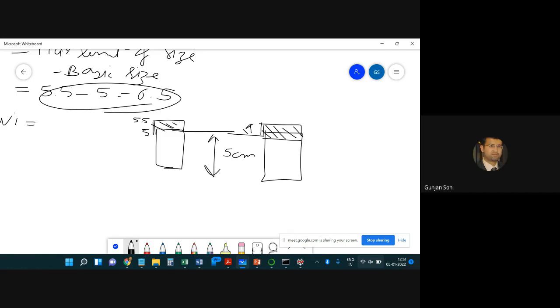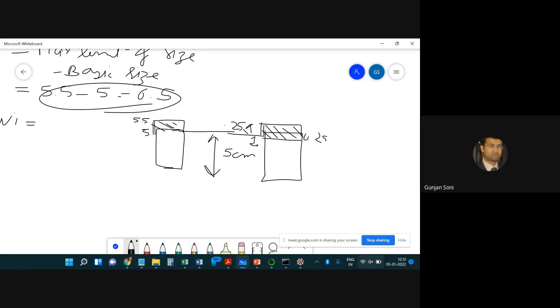So this is 2.5 above and 2.5 below. So in that case it will be 5.25, right? It's 0.25 over here and 0.25 below. So then you can say that.